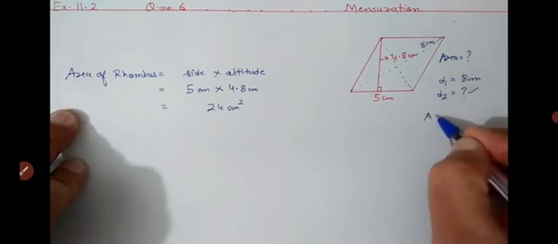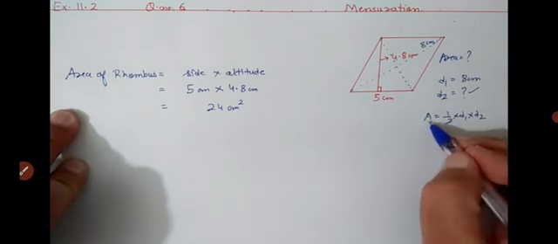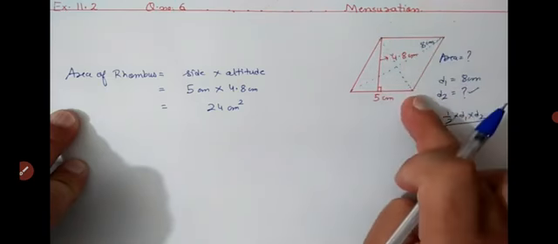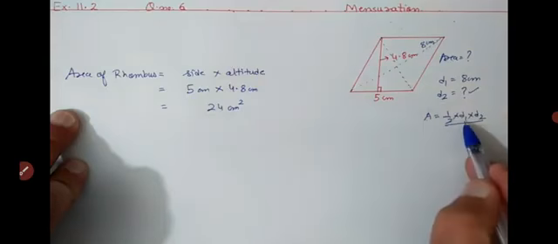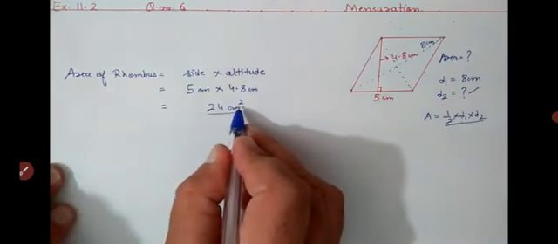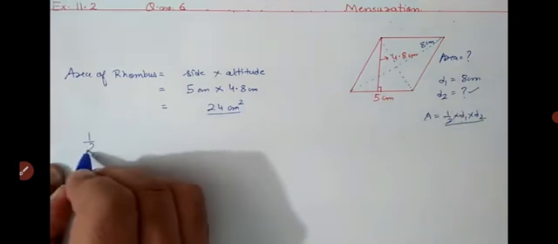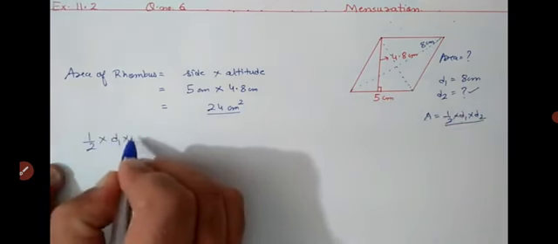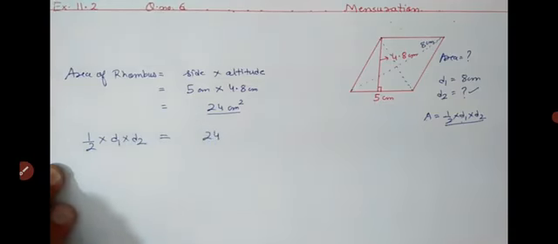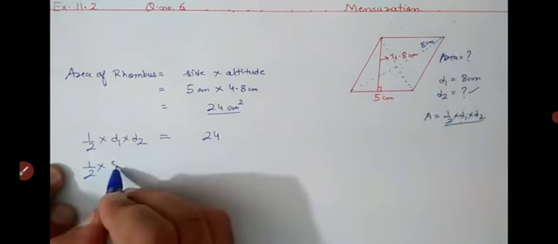Now we have to find d2. So we know that area of rhombus is 1 by 2 into d1 into d2, and area of rhombus is side into altitude also. Okay, so we equate them. We know the area of rhombus is 24 centimeter square. So 1 by 2 into d1 into d2 is equal to 24. d1 is given, 8 centimeter, into d2.